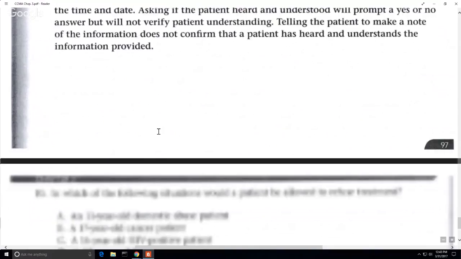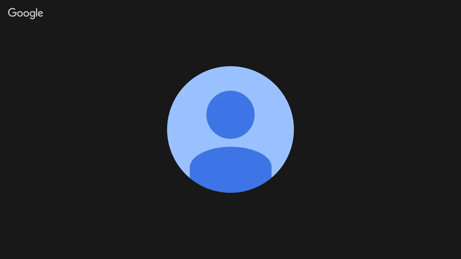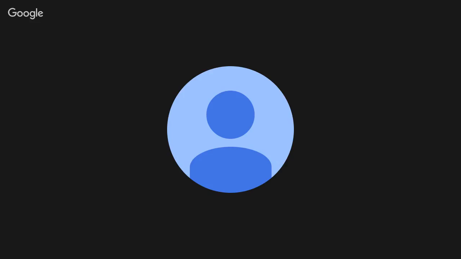Right. The next is, in which of the following situations would a patient be allowed to refuse treatment? A 17-year-old cancer patient, or an 11-year-old domestic abuse patient?